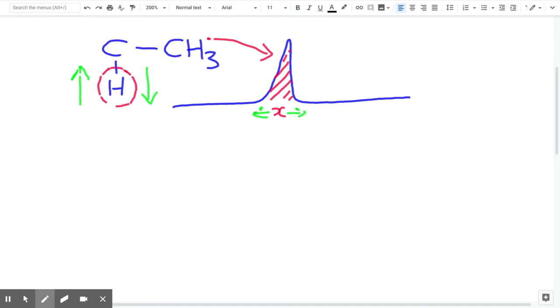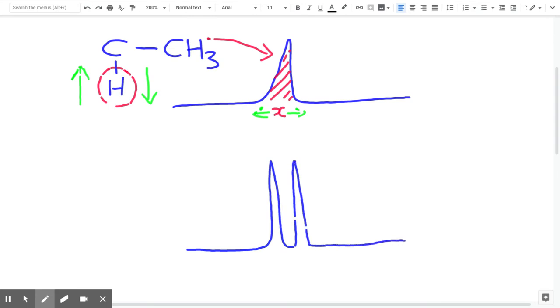The key thing is, though, that the average is still centered around the same point, but what we get is now this doublet situation, whereby one assignment is due to a proton spinning against the magnetic field. We don't need to assign which side is which, we're just arbitrarily doing it this way.